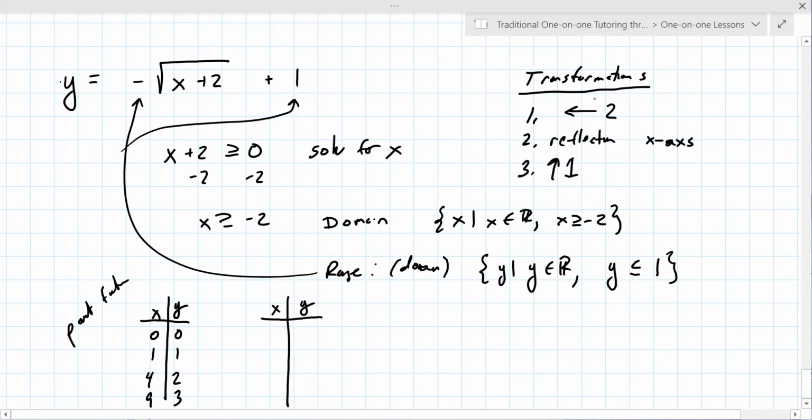Left only affects the x. That becomes -2. Now for this y point, we have to reflect it over the x-axis, which means negating it, and then move it up 1. So 0 doesn't reflect, but then going up 1 is +1.